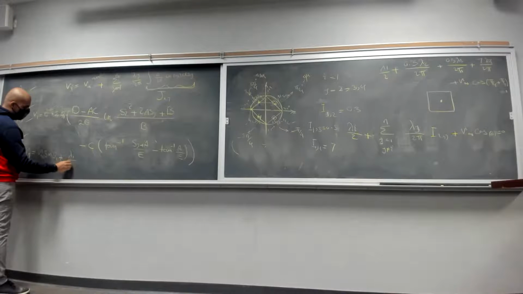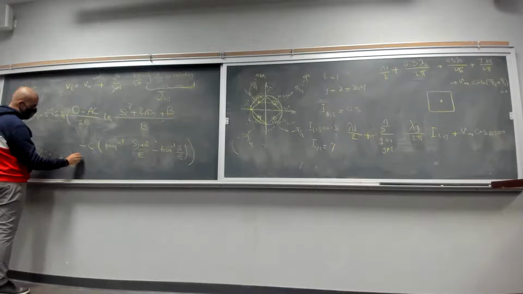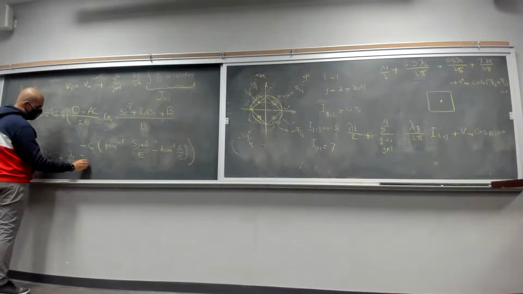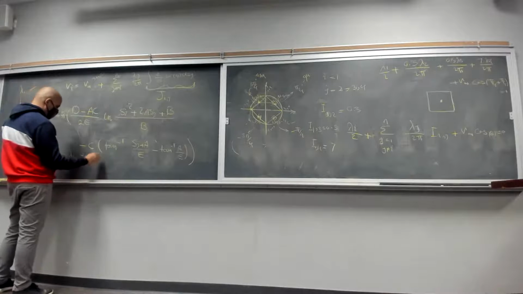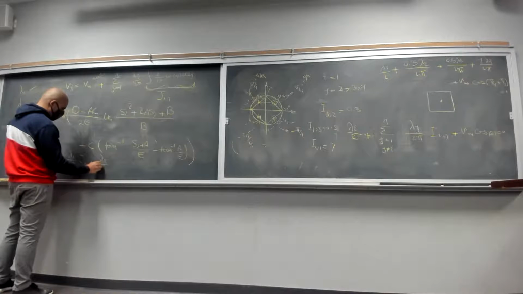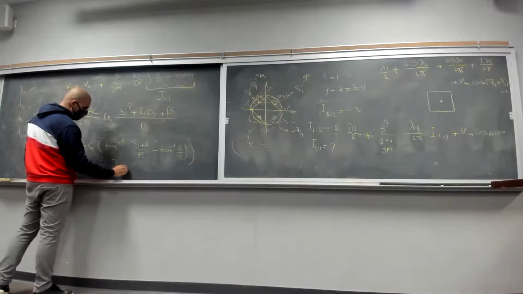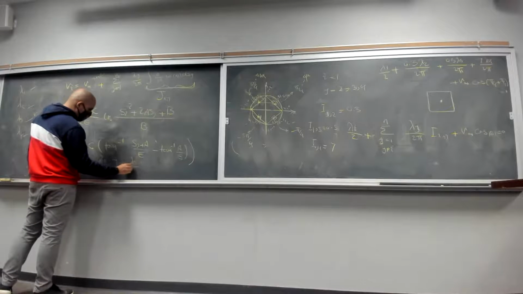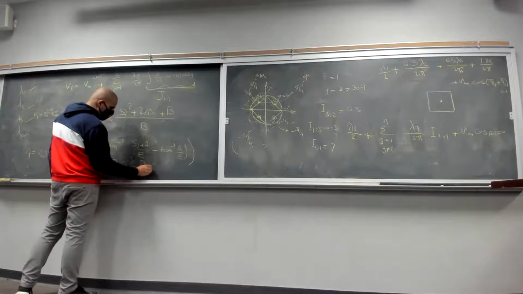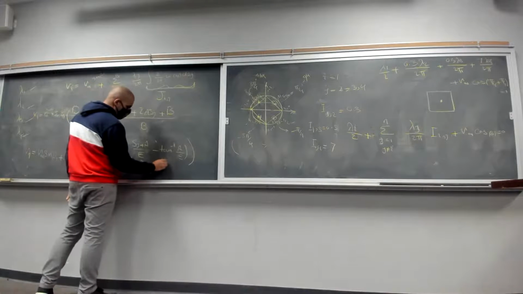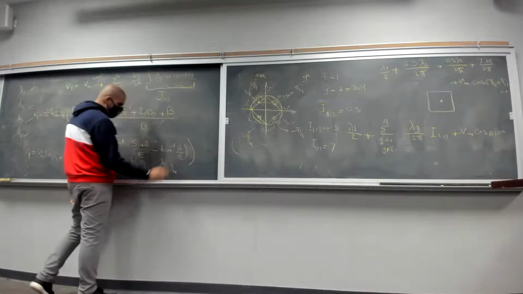So lambda 1 divided by 2 pi multiplied by the solution to that integral, J of 1 and 1, whatever that value is, plus lambda 2 divided by 2 pi, J of 1 and 2, plus lambda 3 divided by 2 pi, J of 1 and 3, plus lambda 4 divided by 2 pi, J of 1 and 4.